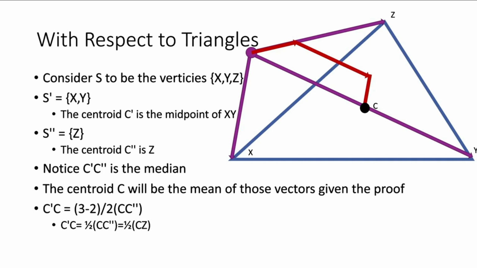S double prime will be the remaining point z. Clearly, the centroid will also be z, as it is the only point there. Now notice that if we draw C prime to C double prime, we get a median of the triangle.